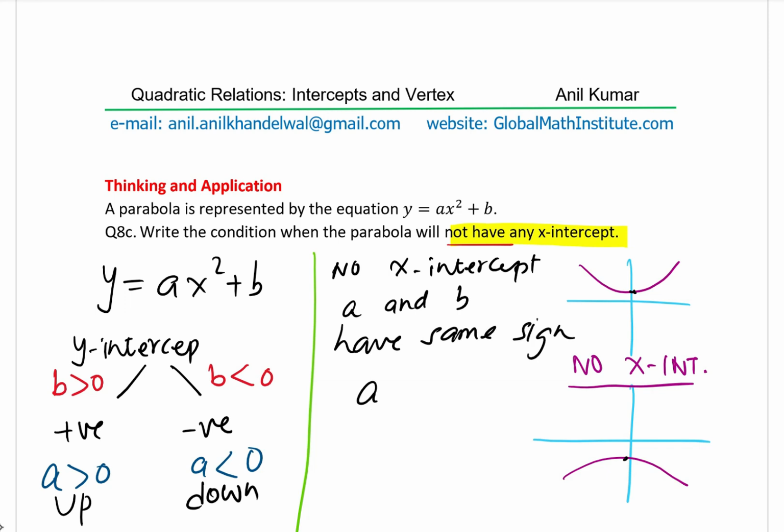That is to say, a times b is greater than 0. So that becomes the condition. a times b is greater than 0. Is that clear to you? Perfect. That is how you're going to answer this question.